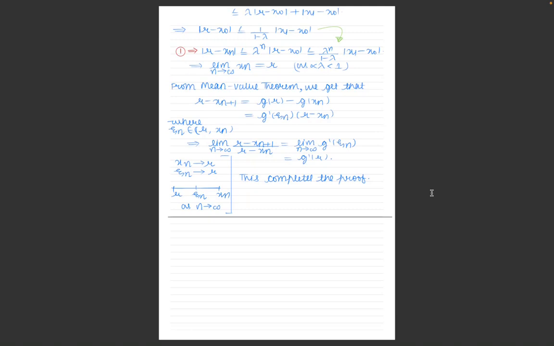Let's say here, and xi n is here. Okay. So by sandwich theorem, xi n will also converge to r as n goes to infinity. Yeah. So this limit will actually be g prime of r. And I think this completes the proof.